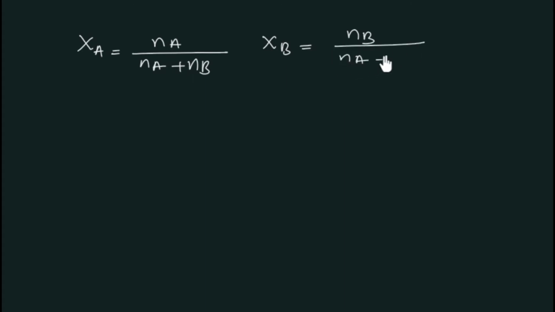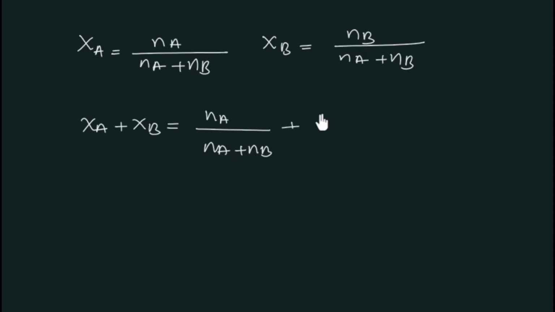Now assume that the mole fraction of A can be given as Na divided by Na plus Nb, and the mole fraction for B we can write as Nb divided by Na plus Nb. Let's add these two: mole fraction of A plus mole fraction of B equals Na divided by Na plus Nb plus Nb divided by Na plus Nb.